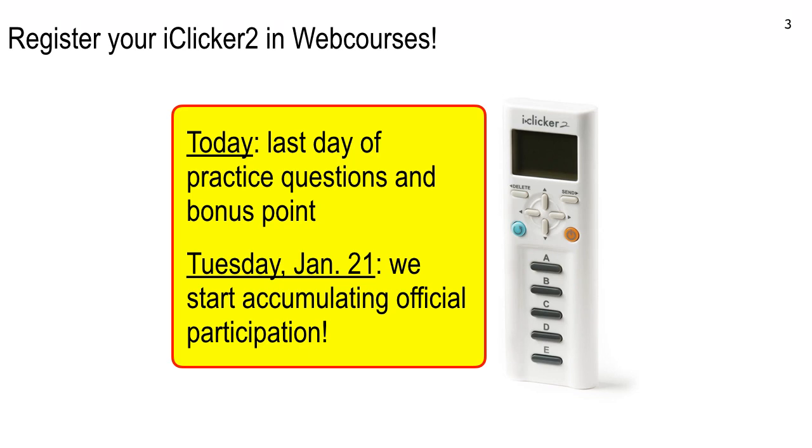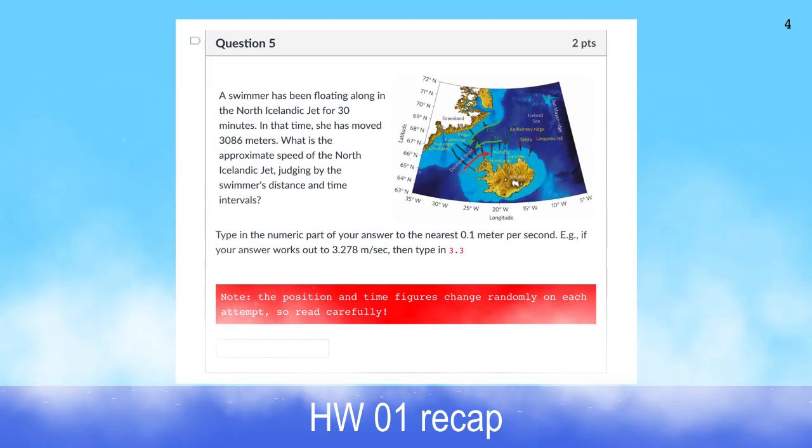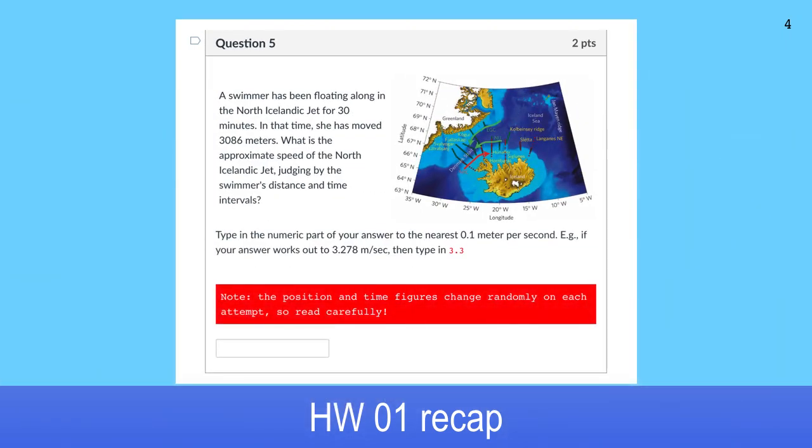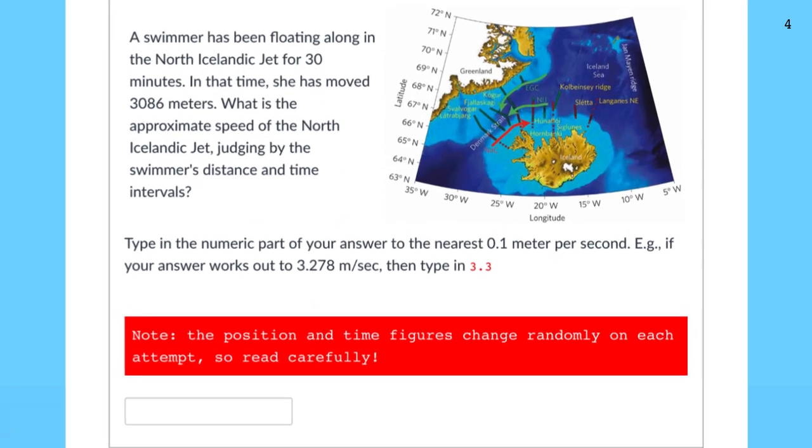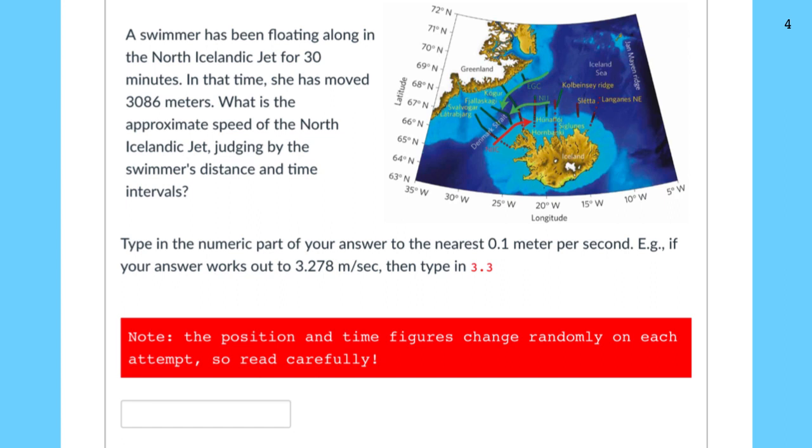Okay, let's keep going. I want to do a little recap of homework one. You had this problem up in the North Icelandic Jet in the North Atlantic, a swimmer floating along in the North Icelandic Jet for 30 minutes. And it gives you a distance.